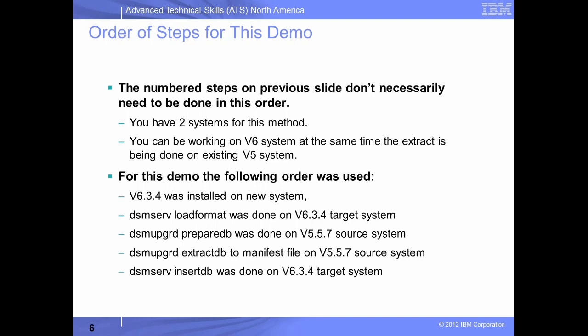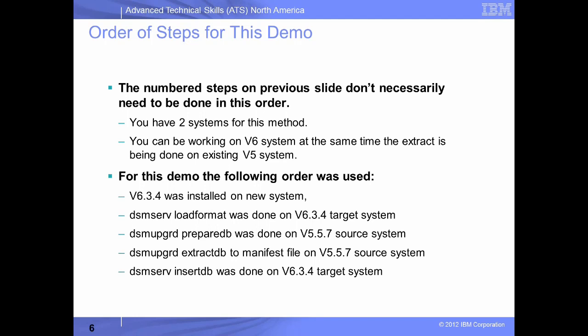Another point here is that Tom went through in a lot of detail on some of the preparatory steps that needed to be done on the version 5.5 system. They are the same that you would do for a Red Hat Linux type of setup. So I'm not going to go into the USS conversion issues and all that stuff.